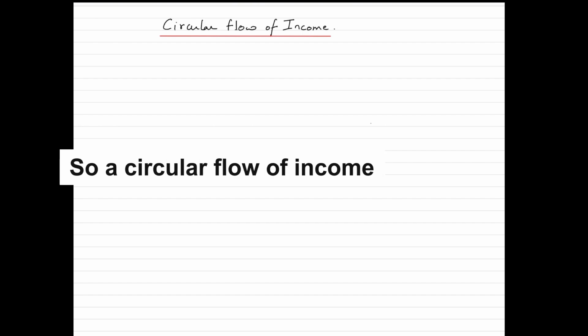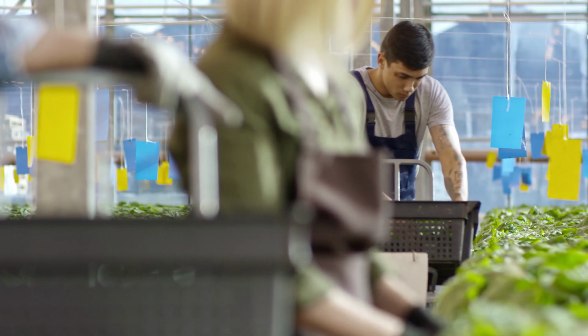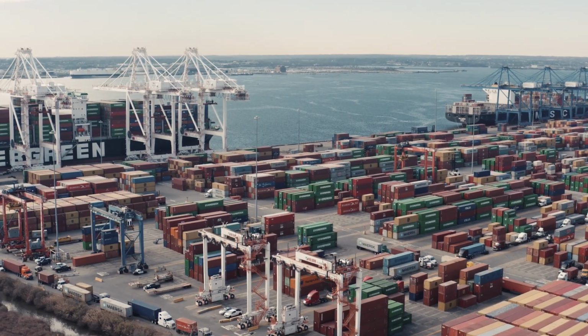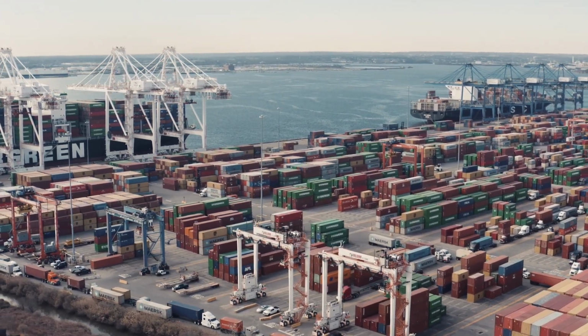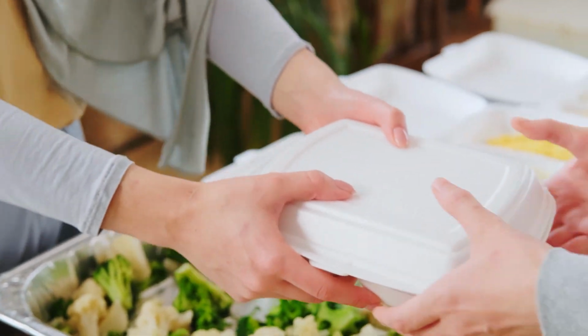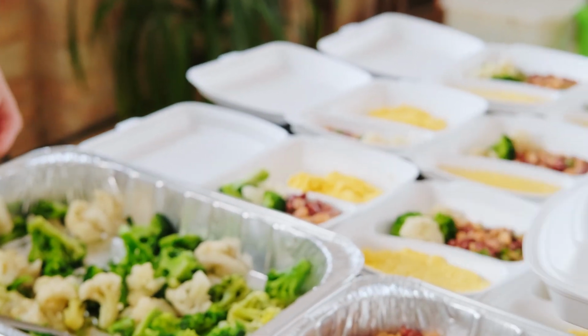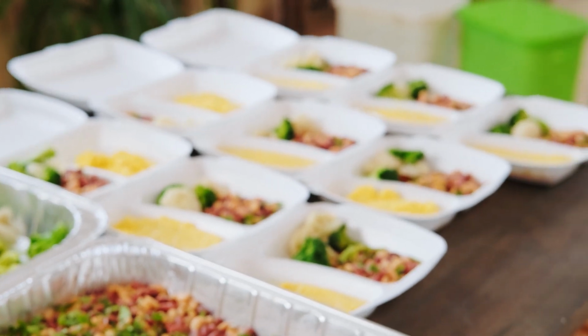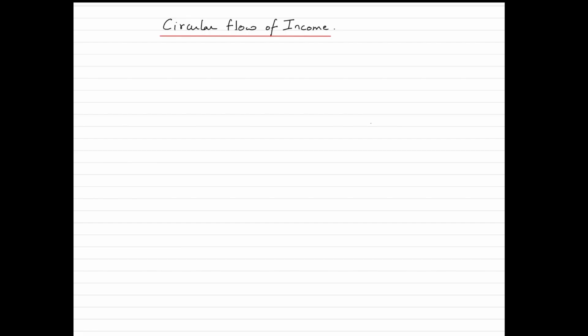So, a circular flow of income refers to the cycle of generation of income in the production process, its distribution among the factors of production, and finally, its circulation from households to firms in the form of consumption expenditure on goods and services provided by them.